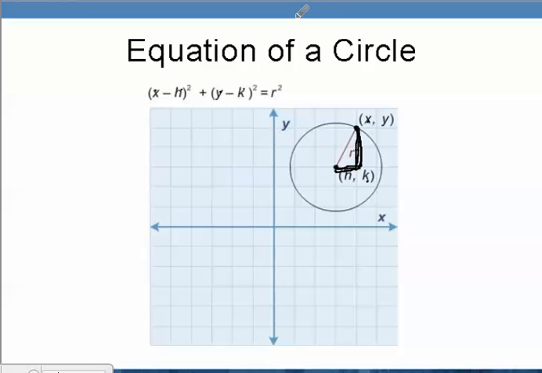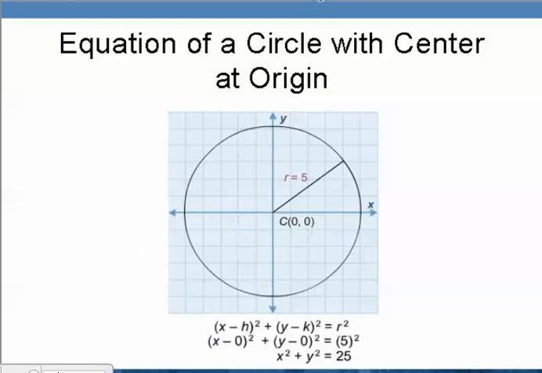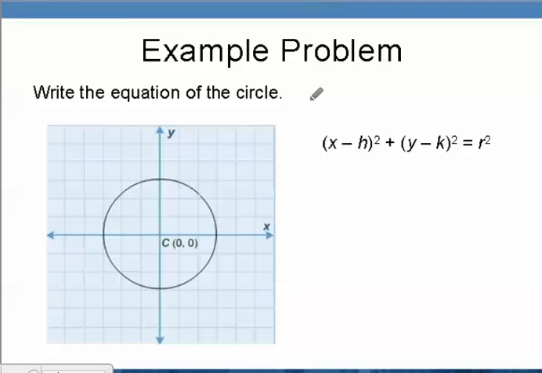And it becomes a real easy little equation for us to use. So if I'm looking at a circle that's at the center, or at the origin right here at (0, 0), my h and my k become 0, and so what am I looking at? I'm looking at x squared plus y squared. Radius of 5, 25. x squared plus y squared equals 25. That's an easy way of doing this, and it becomes real simple to look at.